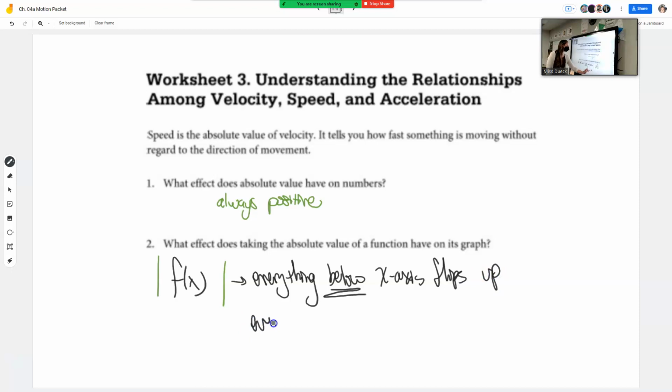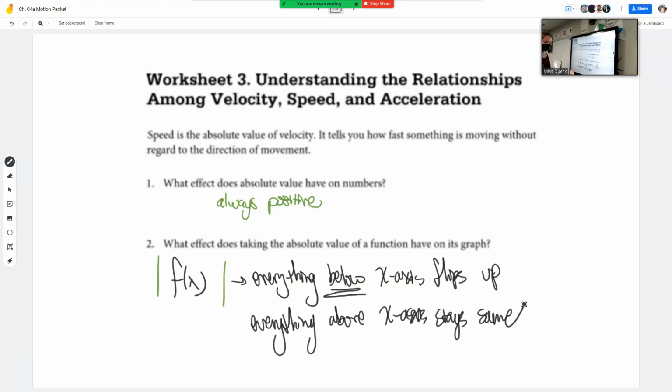Everything above stays right where it is. We had to deal with that whenever you did absolute value in homework with integrals, or like Sarah's question at the beginning of class as far as how to deal with total distance traveled. Everything below flips up, everything above stays the same.